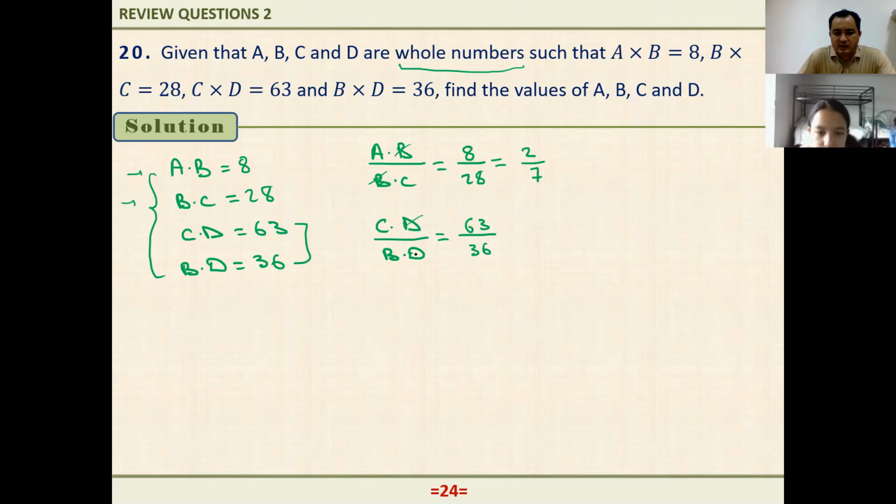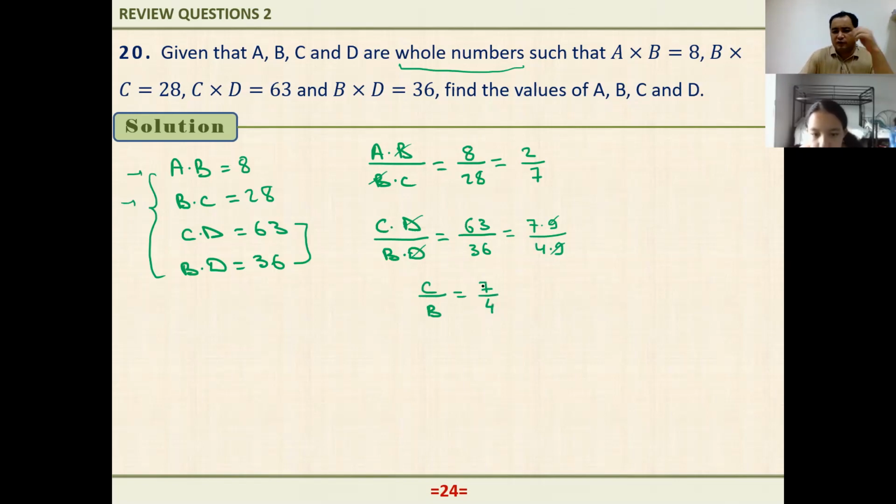The D's cancel out each other. And also on the right-hand side, we can simplify this fraction. Both are divisible by 9, right? This is 7 times 9. And this is 4 times 9. So this cancels. So here we have C over B is equal to 7 over 4.